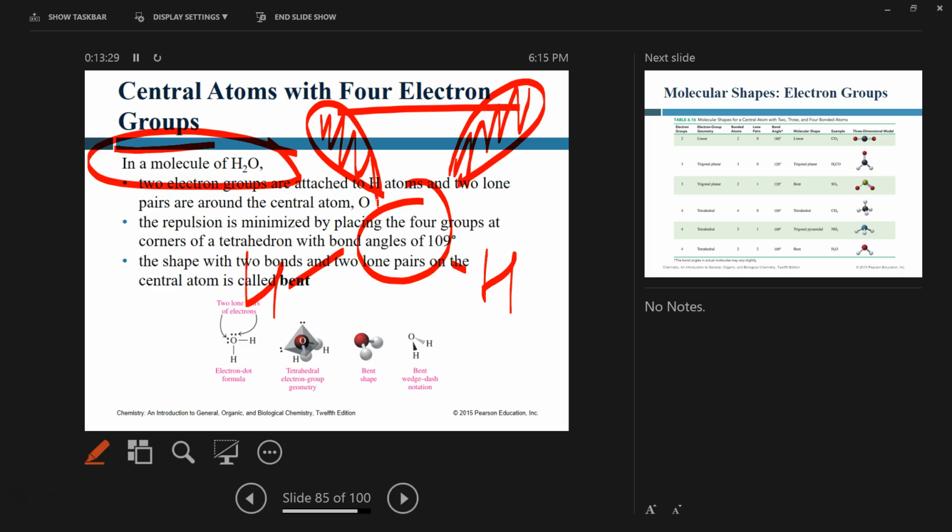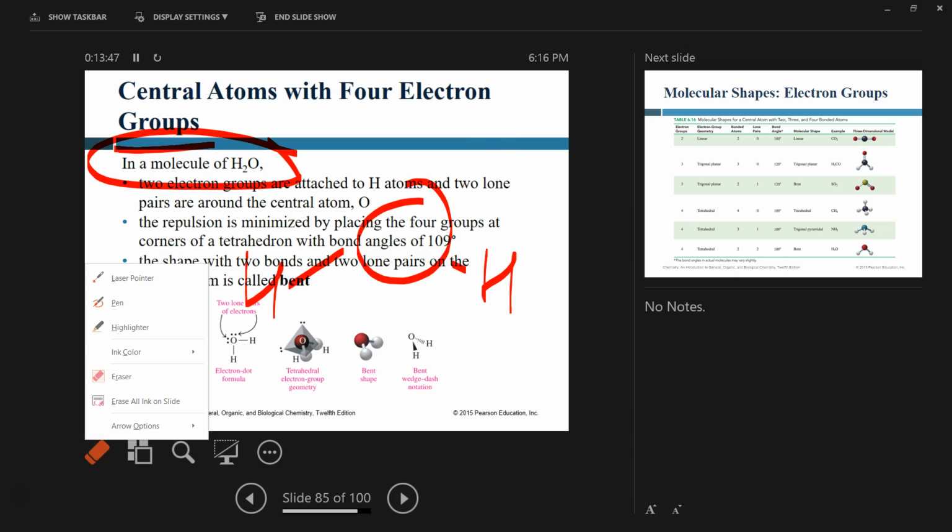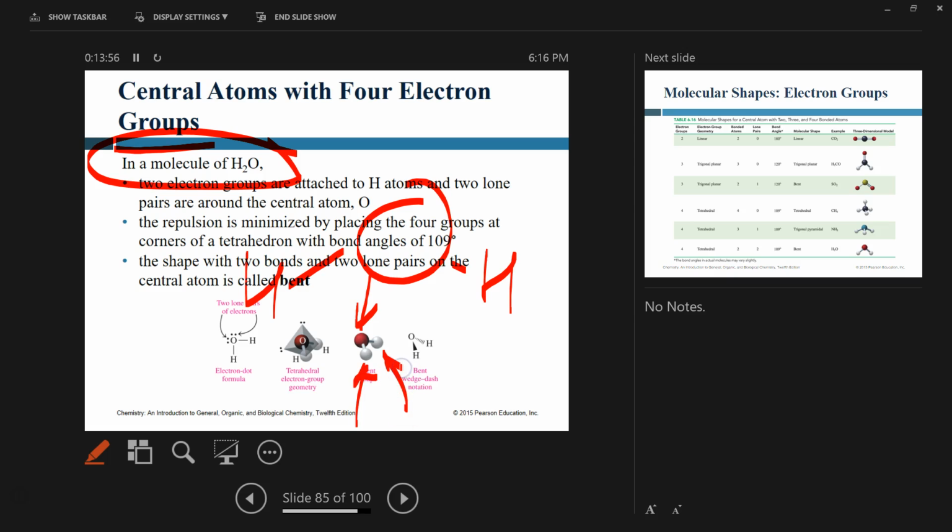In order to arrange these lone pairs in the best way possible, think about this. We still have to make some kind of a tetrahedron. But since we are not drawing the lone pairs, all we can see is the oxygen, 2 hydrogens, and there is an angle between them.